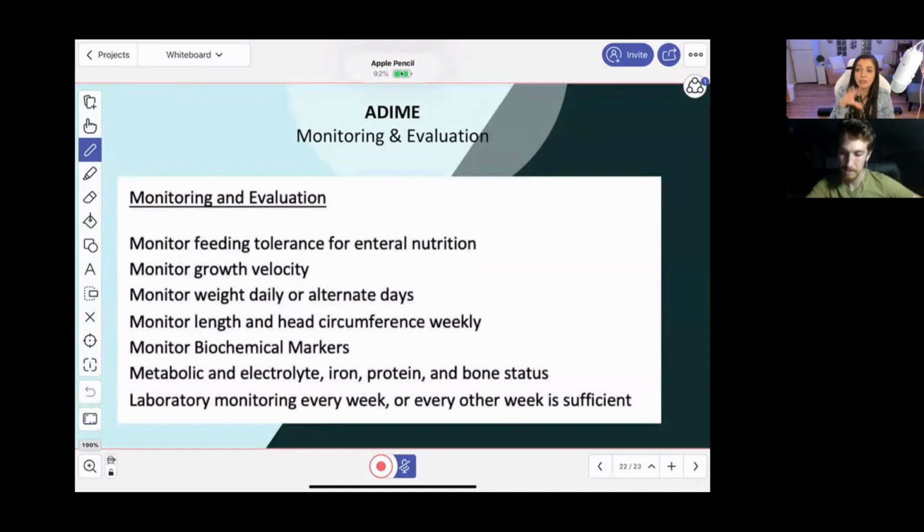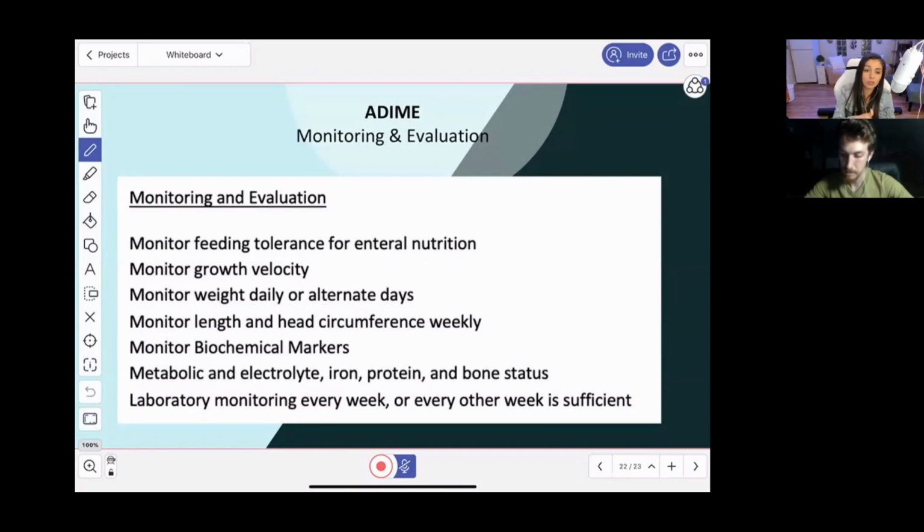However, in this case, this is enteral nutrition, so we're going to be monitoring a little bit differently. First and foremost, as always, we're going to monitor the feeding tolerance with the nutrition support that's given, whether this baby is on a G tube or a nasogastric tube, wherever it's coming from. And then we're also going to monitor the growth velocity.